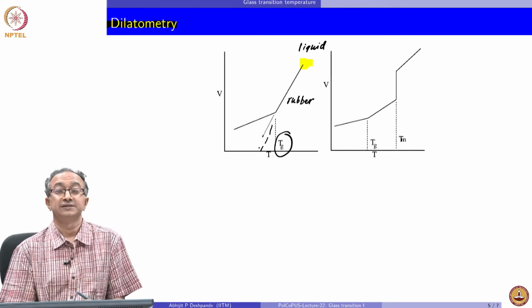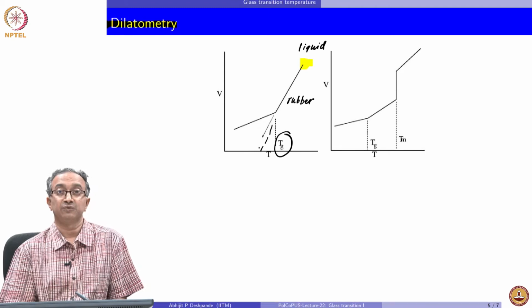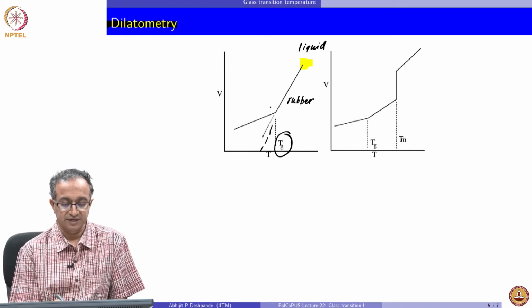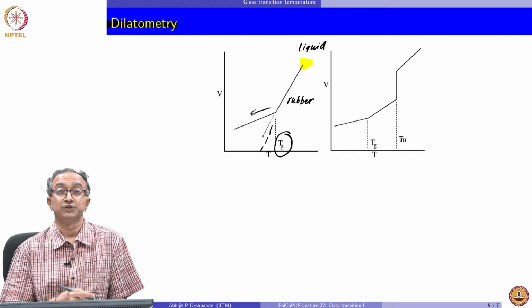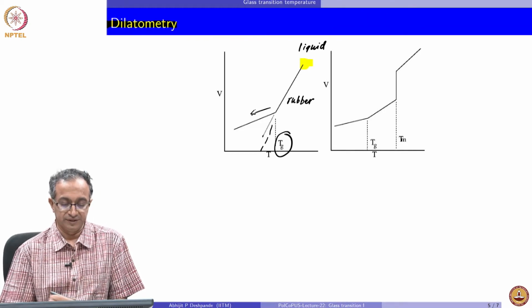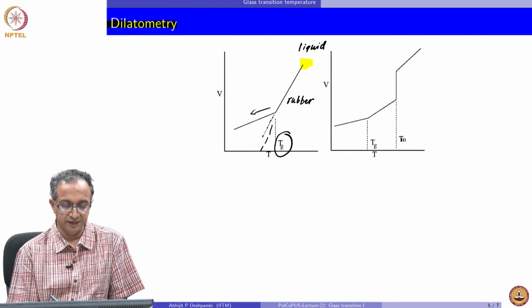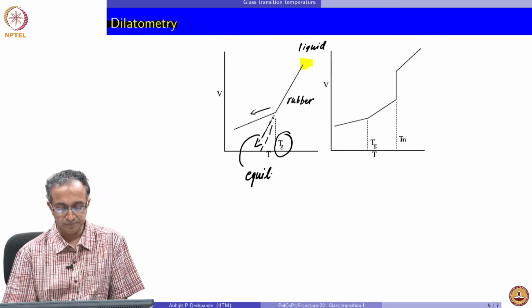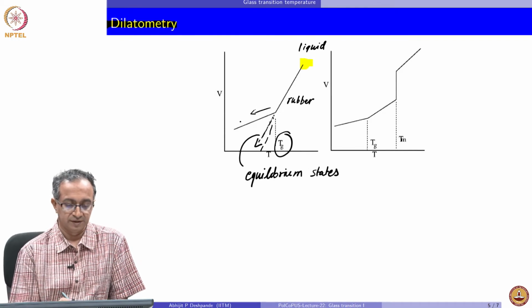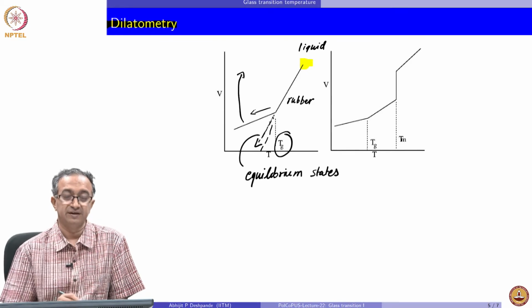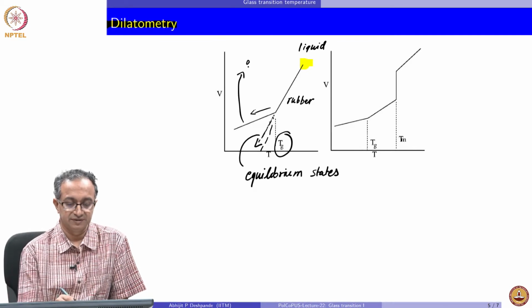decrease as it would decrease for a liquid like arrangement, but it starts decreasing at a lesser rate. So, if we were able to obtain this set of states, then they would be the equilibrium states. And since we cannot reach there, what we end up having is the glassy state.